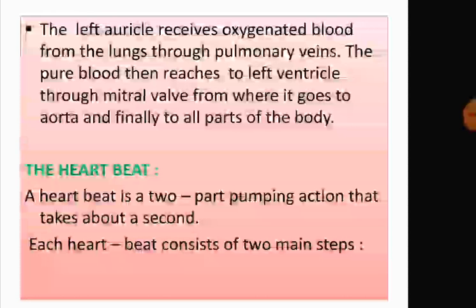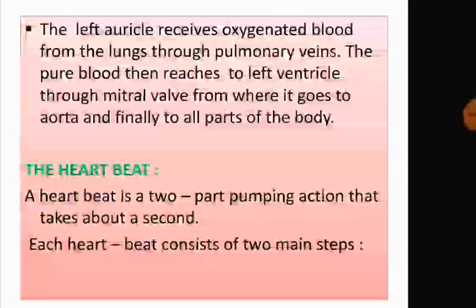Now the only work left for the blood from the right ventricle and the left ventricle is to go to the pulmonary artery and the aorta. The blood can easily come to the pulmonary artery. There is also one valve that prevents the backflow of blood from the pulmonary artery to the right ventricle.